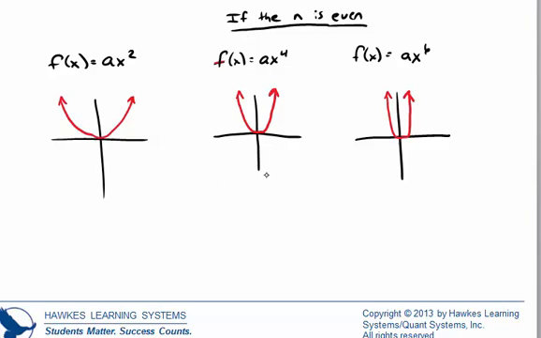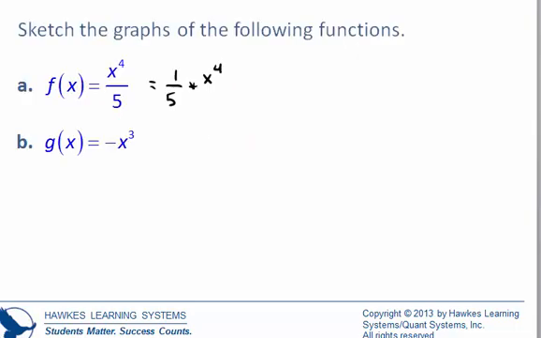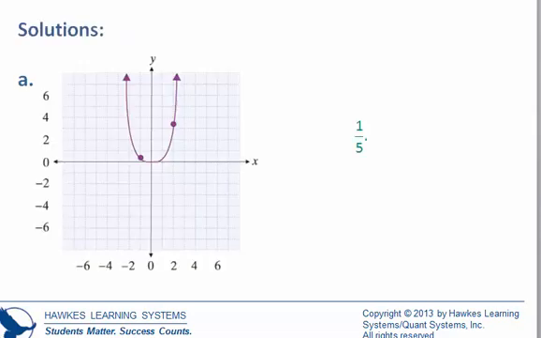We know that it's a parabola with some steepness showing on the sides and a little flatness across the bottom. So the only thing that I need to do now is to determine the effect of the 1/5. So what does the 1/5 do? The 1/5 causes the graph to compress vertically.